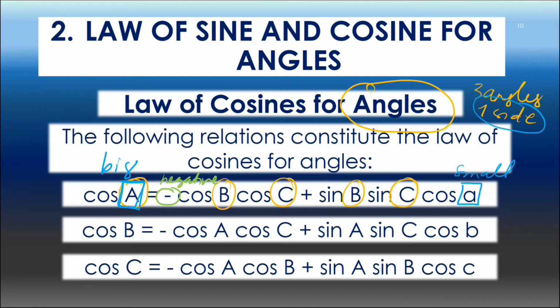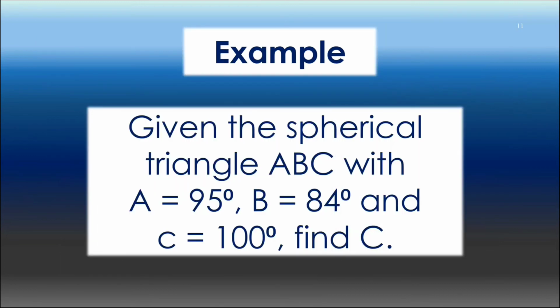Then let us use the law of cosines for angles in a problem. Given big A that measures 95 degrees, angle B that measures 84 degrees, and then side c measures 100 degrees.